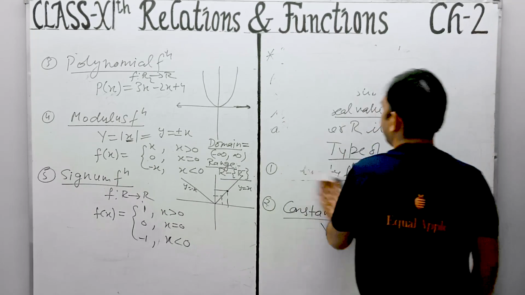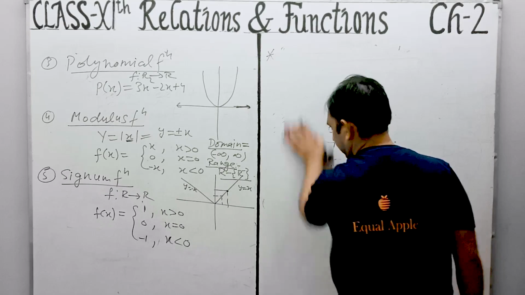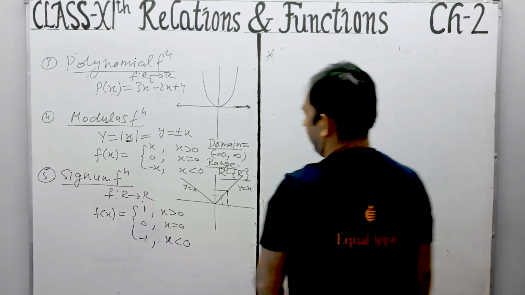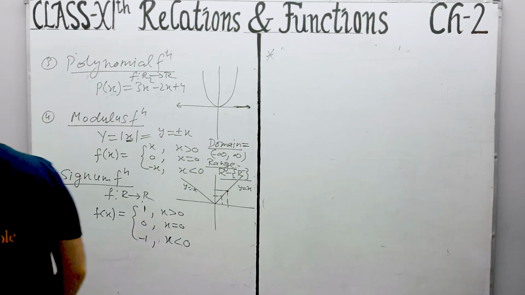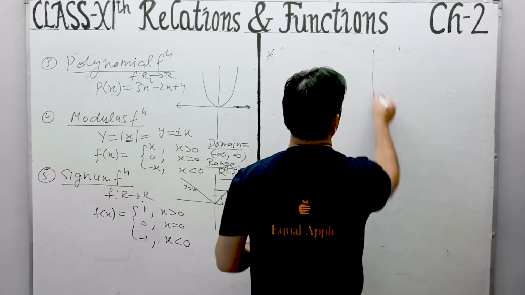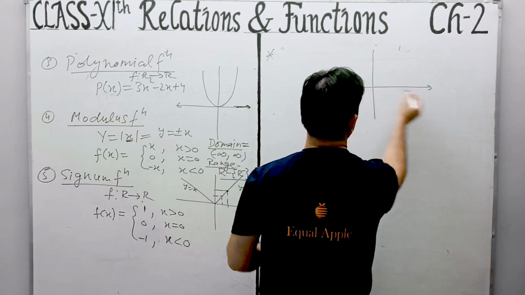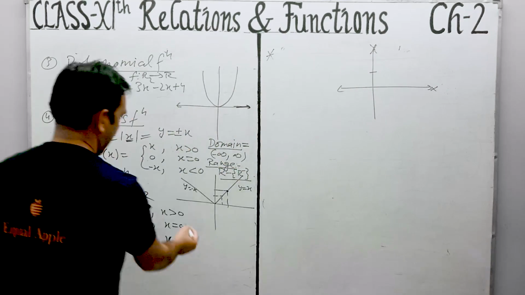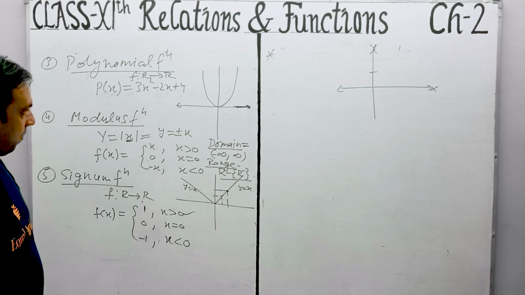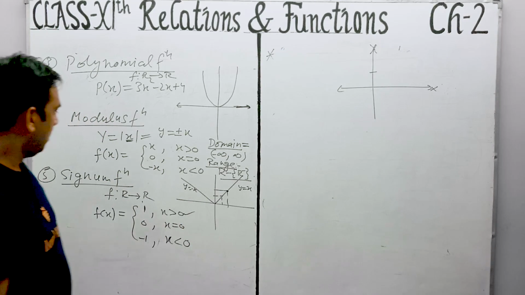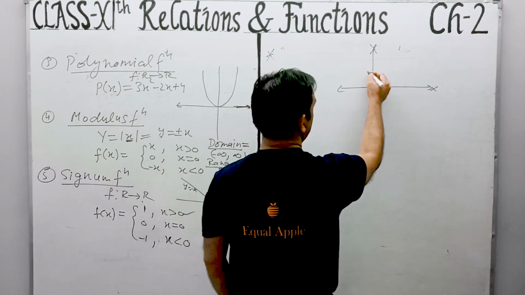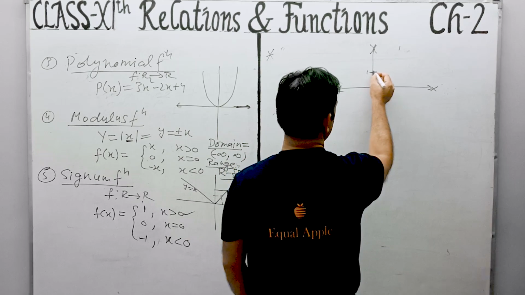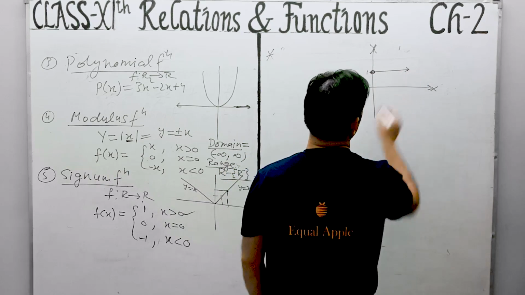For the graph of the signum function, here we can see for every value of x greater than 0, the value of this function is 1. You can show it like this, right?